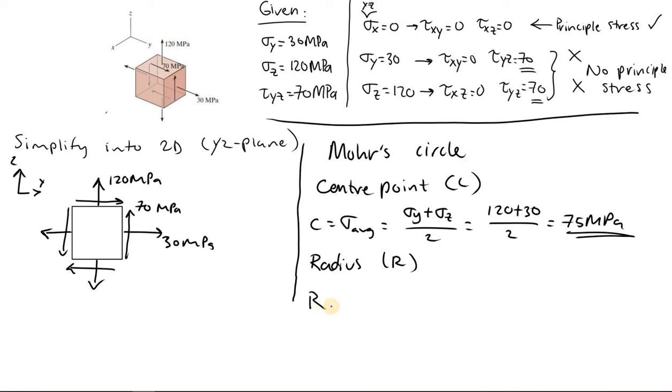Our radius equals the square root of our normal stress in Y minus our average stress, squared, plus our shear stress in the YZ direction, squared.